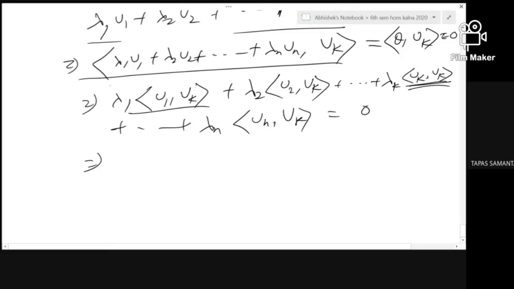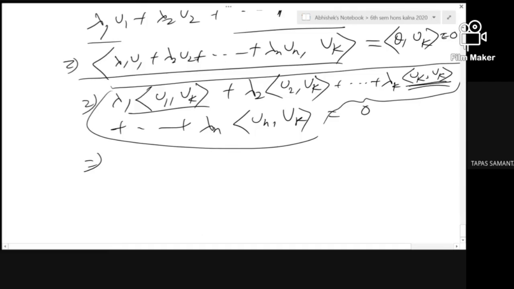So this expression will leave only the term lambda k inner product vk vk equal to 0, and therefore lambda k equals 0, as we have chosen vk's to be non-zero vectors.